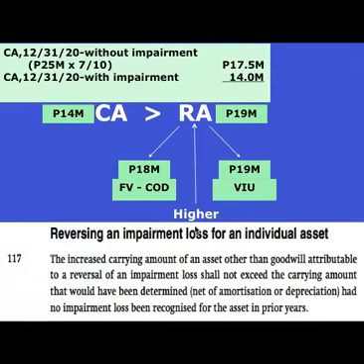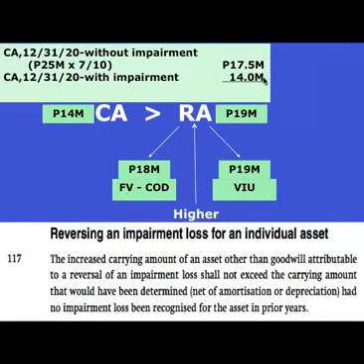So kung walang nangyaring impairment, ito dapat yon, 17.5. Pero dahil impaired, magkano lang currently? 14. So, kung currently 14 million yan, pwedeng mag-reverse. Pero after the reversal, hindi pwedeng more than 17.5.